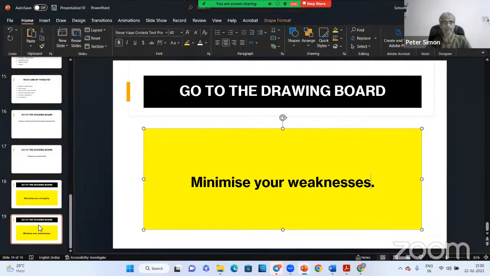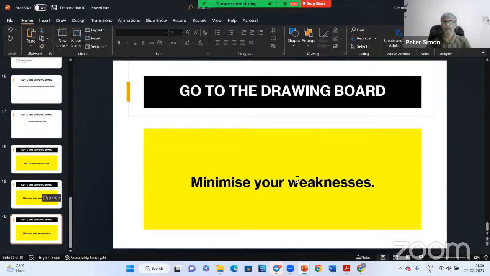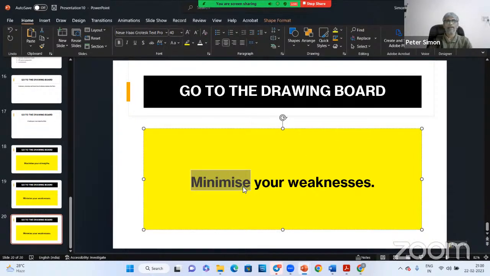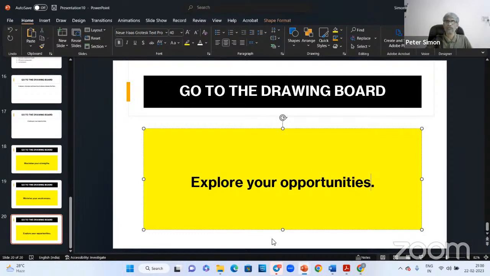Then the third one. Explore your opportunities. You have a lot of opportunities.